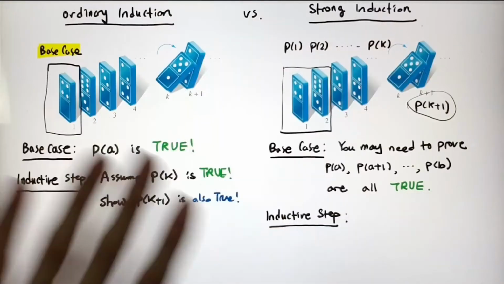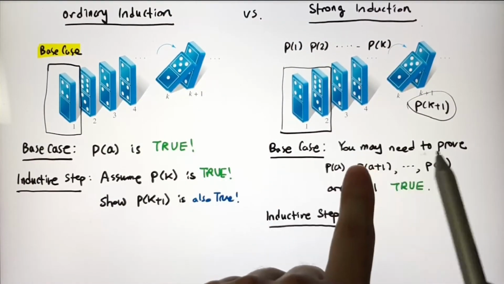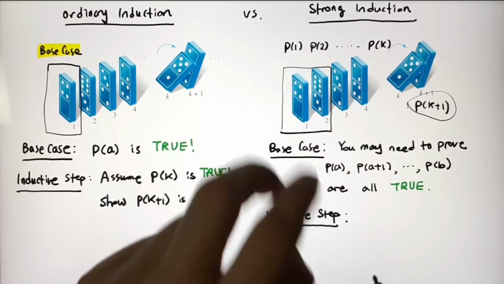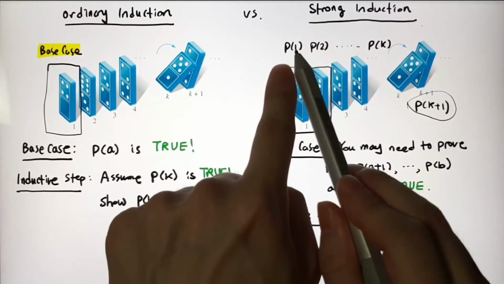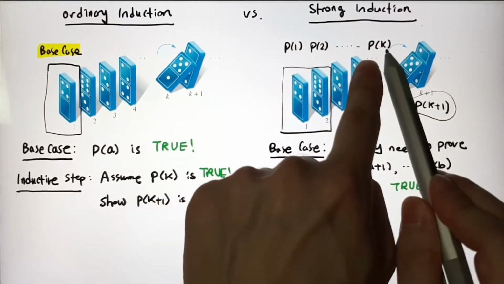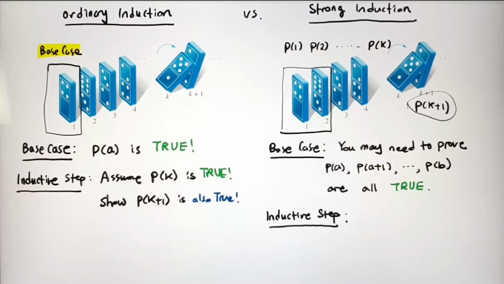But for this slide only, make sure you understand the base case. You may need to prove multiple statements at the beginning. For the inductive step, you have to assume all statements P of A plus 1 up to P of k are true in order to knock down the next one.